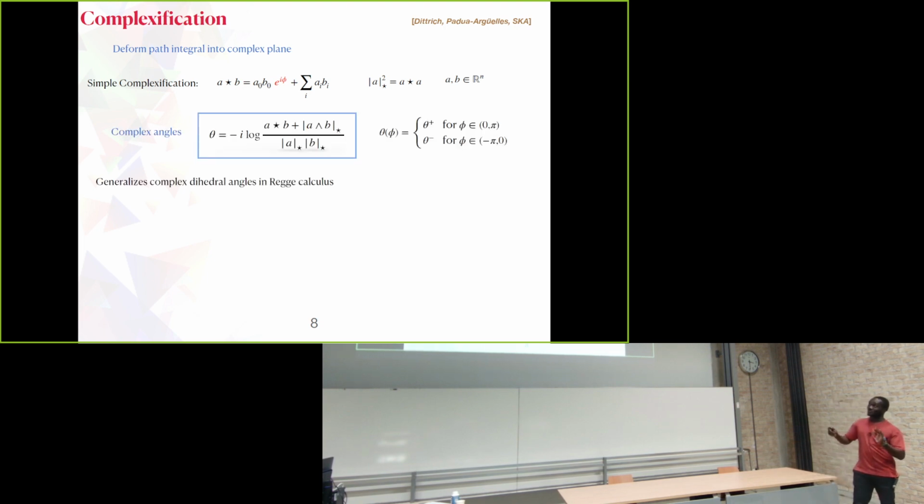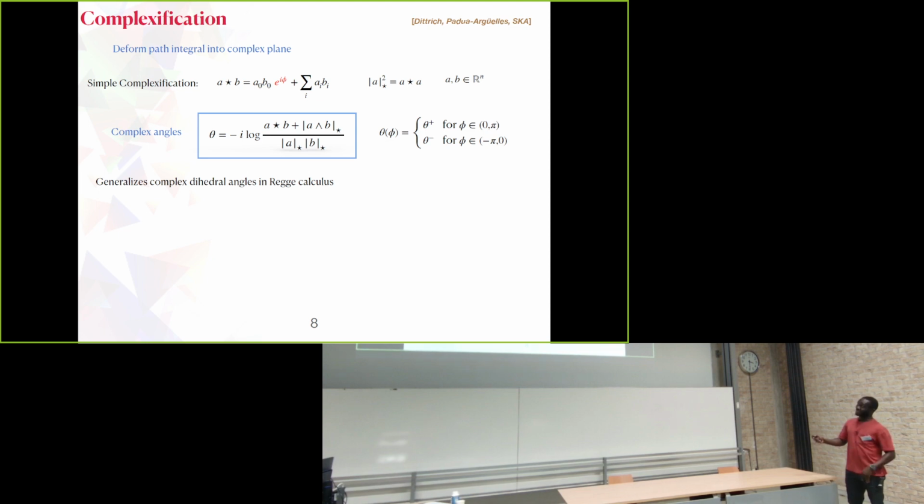The main objects we will focus on are these complex angles. I write them here. Maybe the details don't matter so much, but these angles, in blue here, generalize all the angles you can define in Regge calculus.